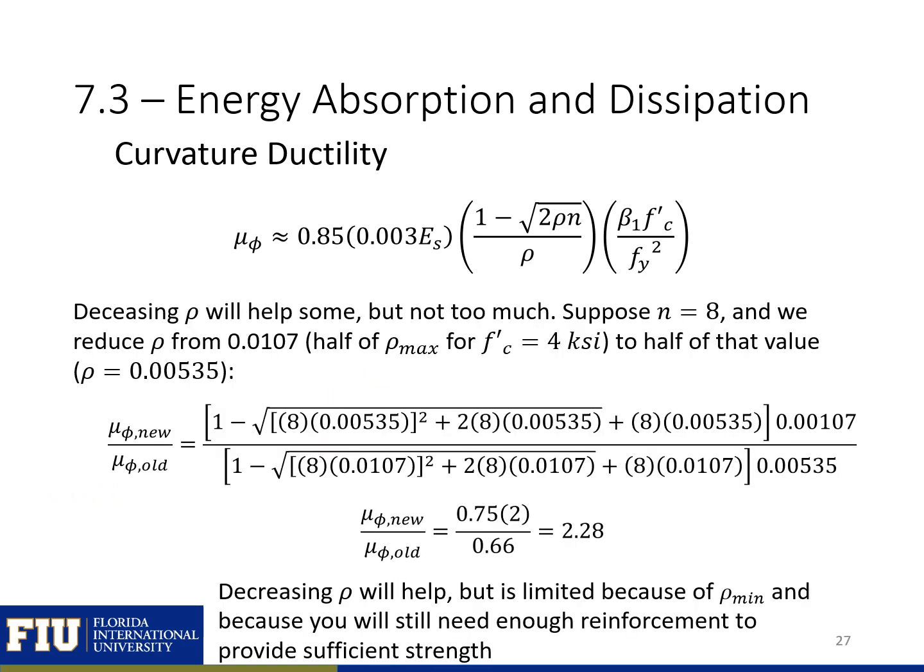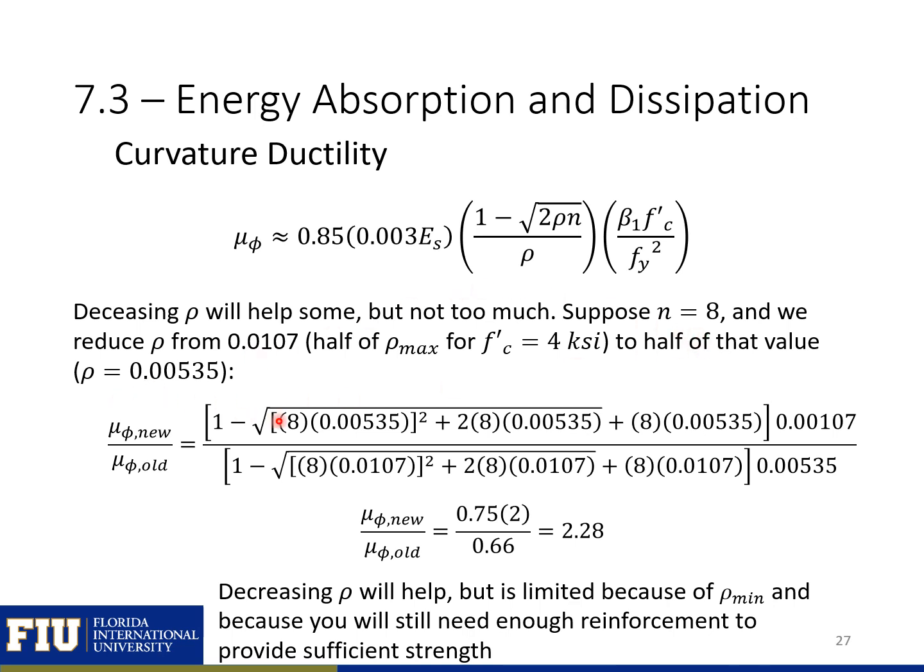So here we're going to look at the effect of decreasing rho. We can see that decreasing rho is going to help some, but it won't help too much. So we'll suppose that we have an n equal to 8, so modular ratio equal to 8, which is a reasonable approximation. And we're looking at the effects of reducing our reinforcement ratio from about 1% to half of that value.